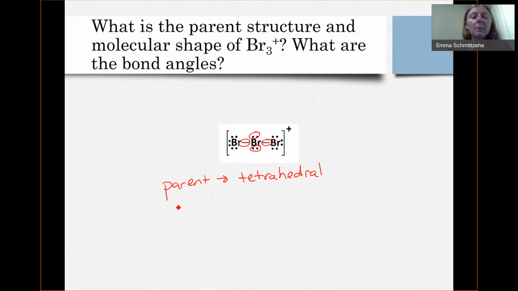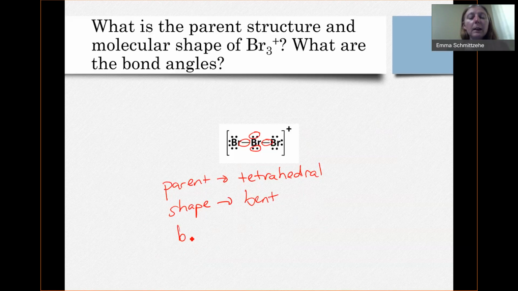And then my shape, it's going to be different because we have lone pairs on this. And so you've got 2 lone pairs on a tetrahedral structure. So if you're just left with 2 attachments on this tetrahedral structure, it's going to be a bent structure, okay?